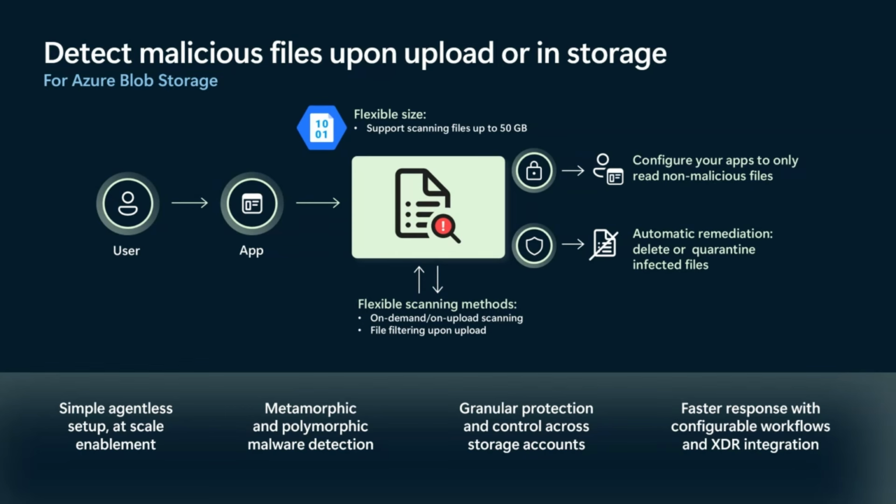Our scanning agent is the same scanning agent used throughout Defender for Cloud, allowing for both metamorphic and polymorphic malware detection. You can filter which blobs you want to scan according to prefix or suffix. So it's a very, very granular solution. We'll see this in the demo.